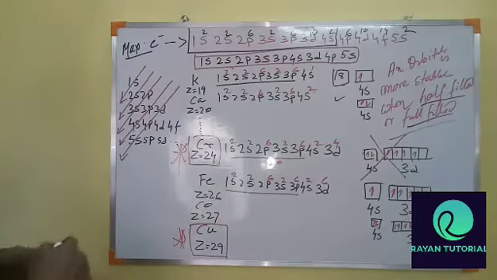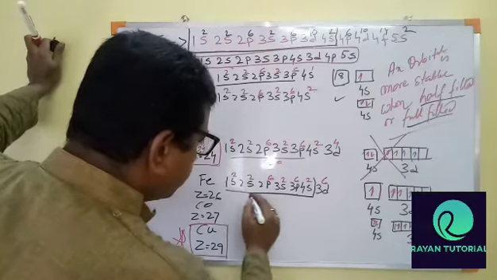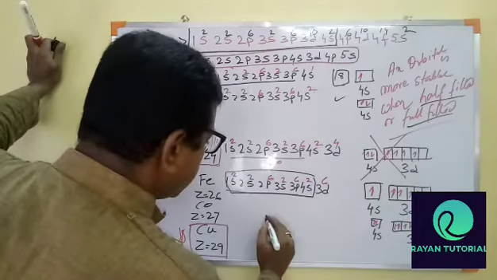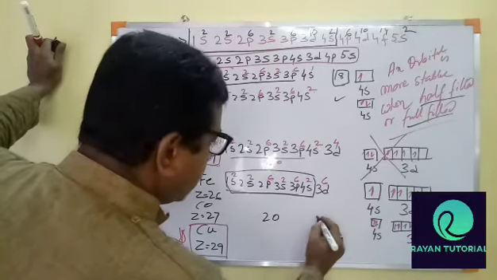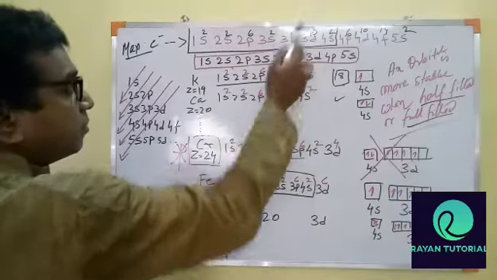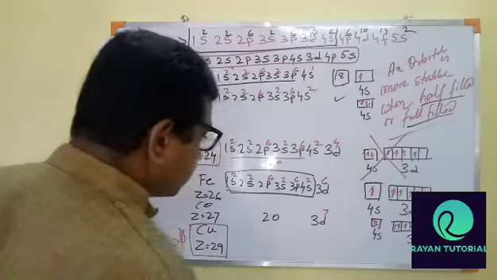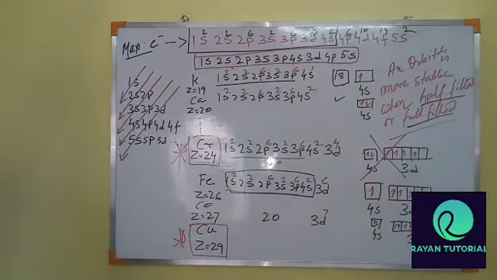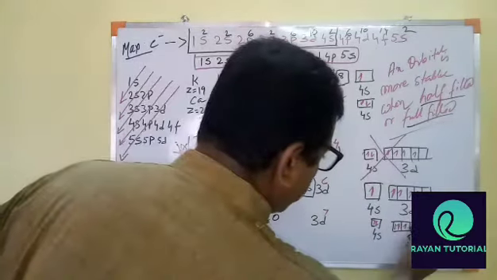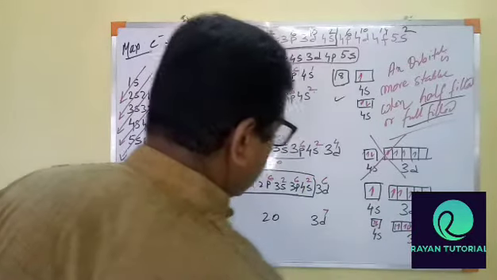For cobalt, up to this same. This is 20. So here in 3D I can accommodate maximum 10 electrons. Here I need to put only 7. So 7, what should I do? I put here one more like this.